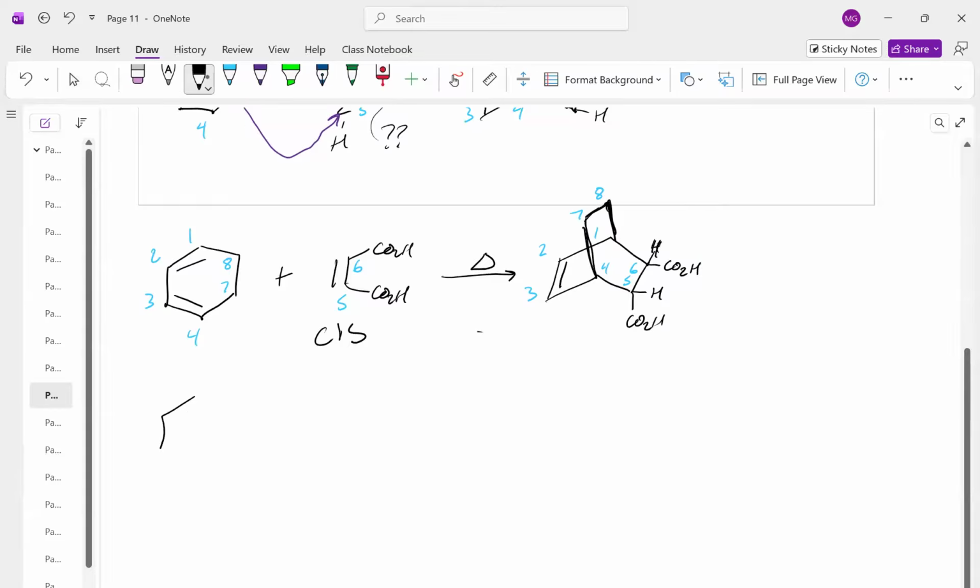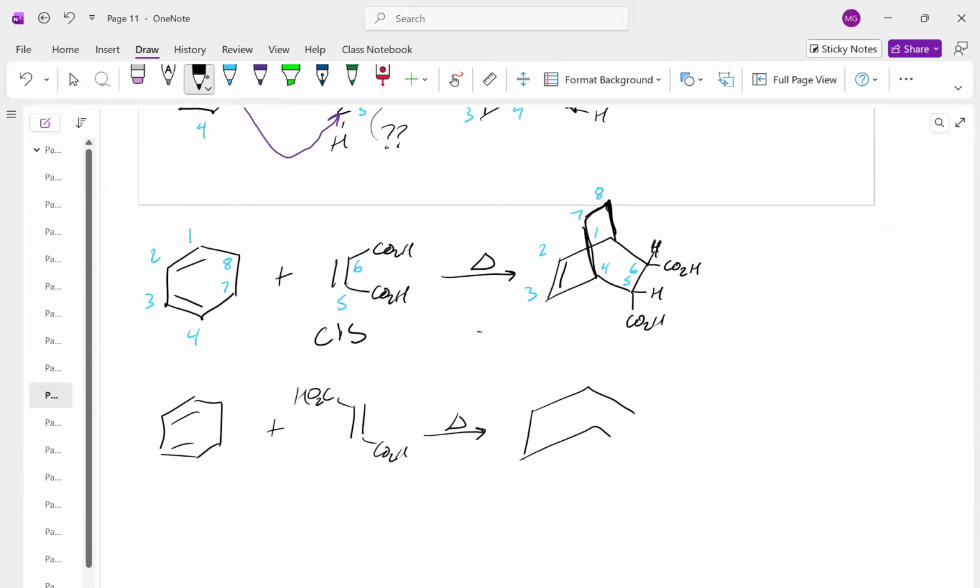Now, what if they had been trans? So if they had been trans, then I can put one of those CO2H groups in the endo position, but I can't put the other one endo. It has to go exo. So sometimes you're forced by stereochemistry to not necessarily follow that endo versus exo thing.